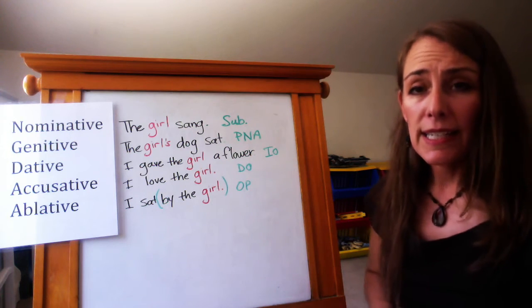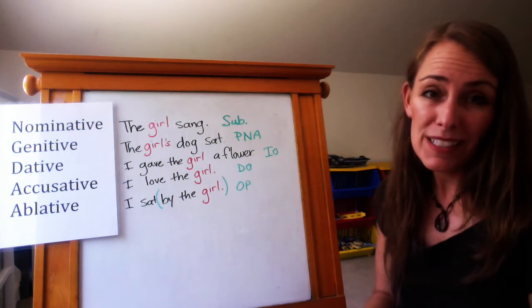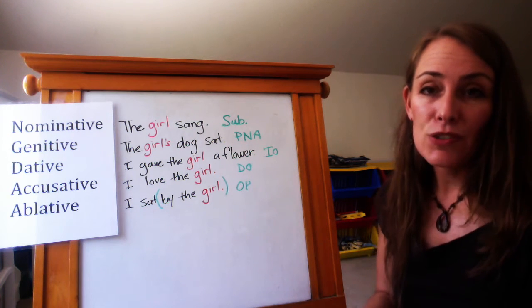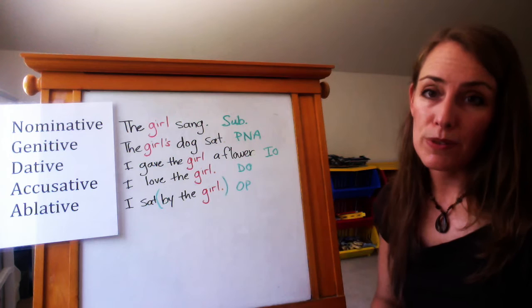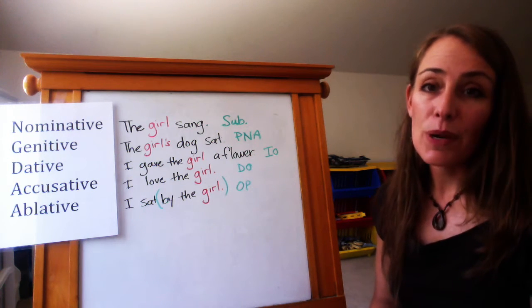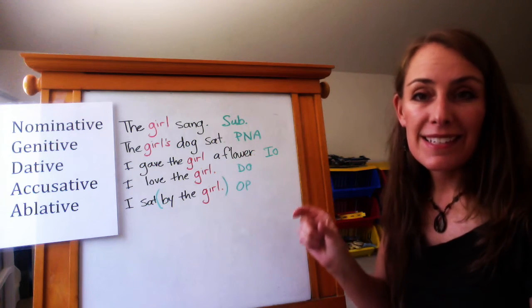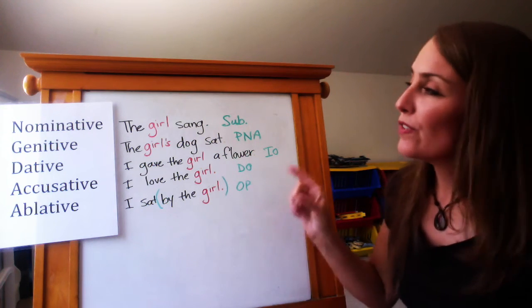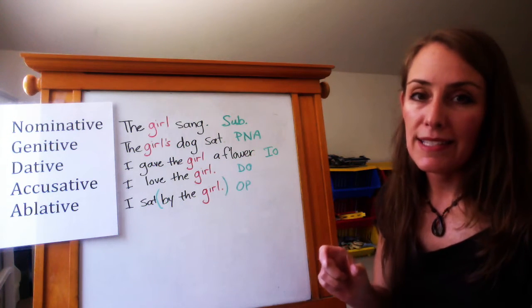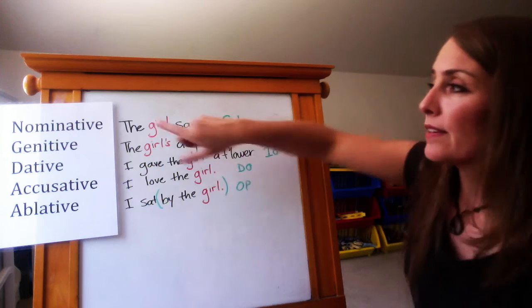Now, in English, girl pretty much looks the same. So in English, the context tells you what job the noun is doing in the sentence. In Latin, it's not so. In Latin, the way we know the job of the noun is by the ending that's attached to the stem. So first of all, let's talk about the different cases. For each of these jobs that the noun can perform, there is a case.